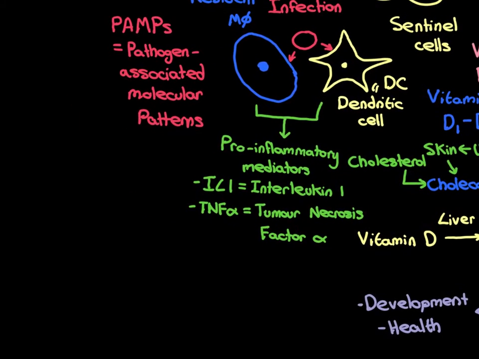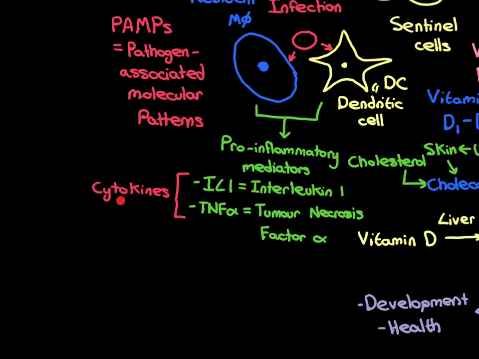Now, another little piece of terminology that people often get confused about is the term cytokine. You will often hear interleukin-1 and tumor necrosis factor alpha referred to as pro-inflammatory cytokines, and people often get confused about what this word actually means. What's the difference between a cytokine and a mediator? Well, this term pro-inflammatory mediators is broader than the term pro-inflammatory cytokines. A pro-inflammatory mediator is anything that can be released by cells to cause inflammation.